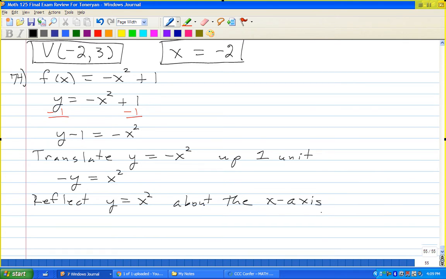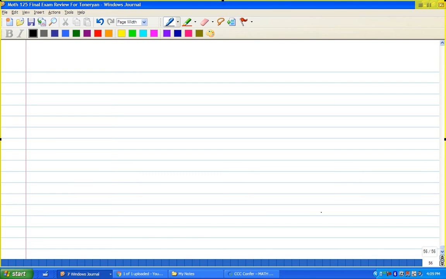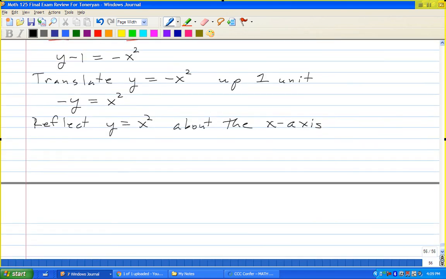Okay, so let's draw this. Oh, well, I guess I don't have any room to draw it at this second. So let me find the axis of symmetry.